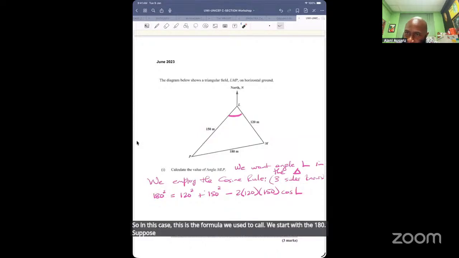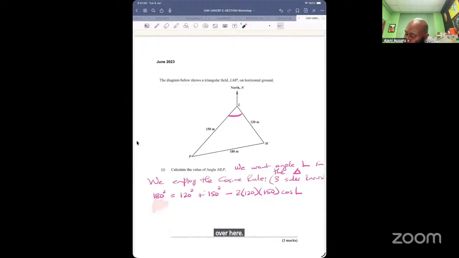Suppose I put 150 here, 150 squared. What should I have inside here?